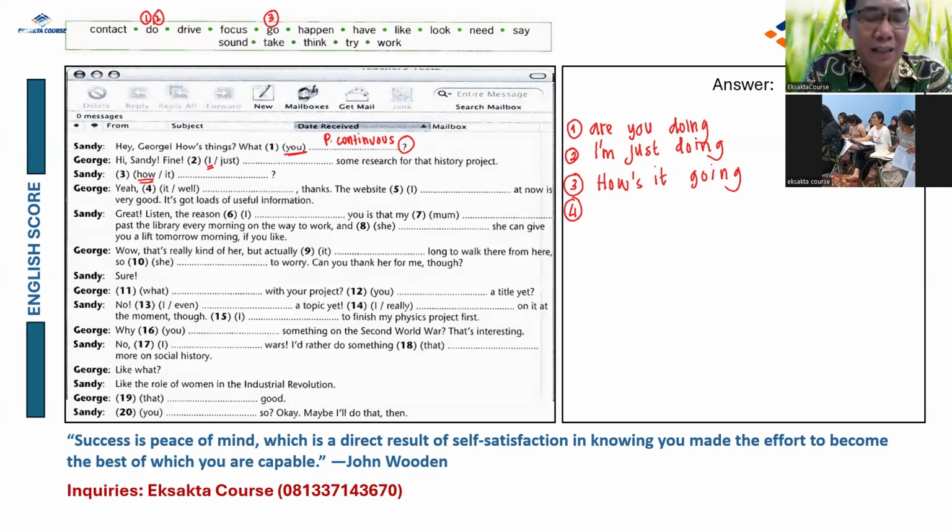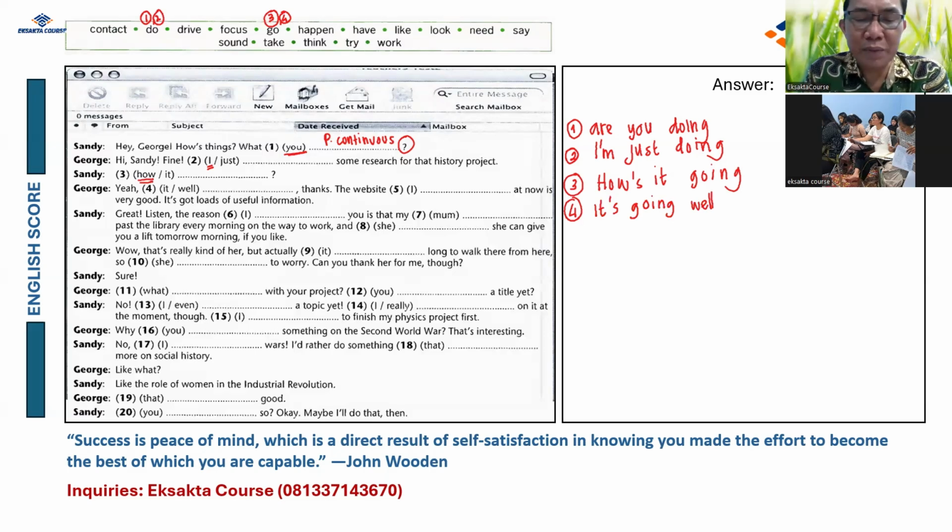Yeah, it's going well. To complete the blank, we take the word from the box. So go becomes going. Once again, number 4. Yeah, it's going well. Use is. It's going well. Go becomes going, because it is present continuous.